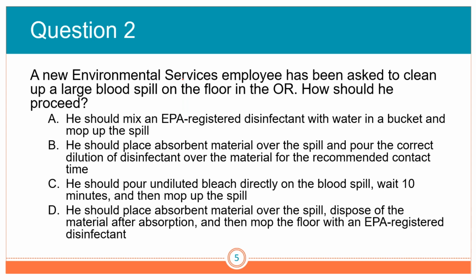C. He should pour undiluted bleach directly on the blood spill, wait 10 minutes, and then mop up the spill. Or D. He should place absorbent material over the spill, dispose of the material after absorption, and then mop the floor with an EPA-registered disinfectant. So I'll give you a little bit more time because it's a longer question.